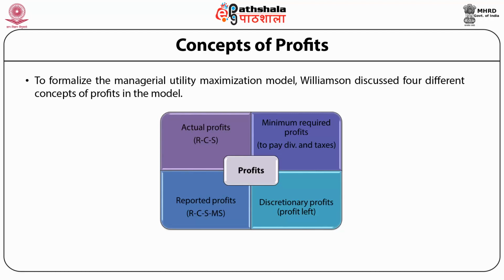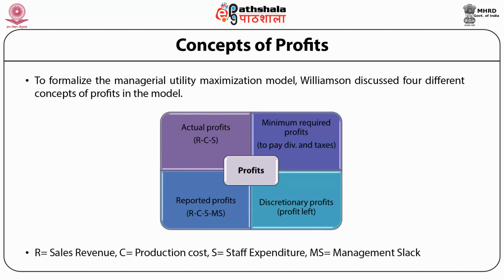In the figure, R stands for sales revenue, C stands for production cost, S stands for staff expenditure, and MS stands for management slack.